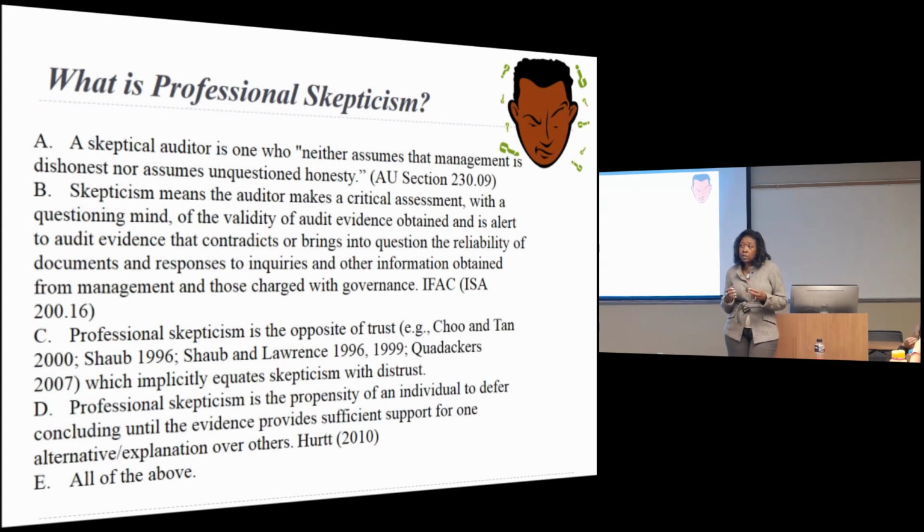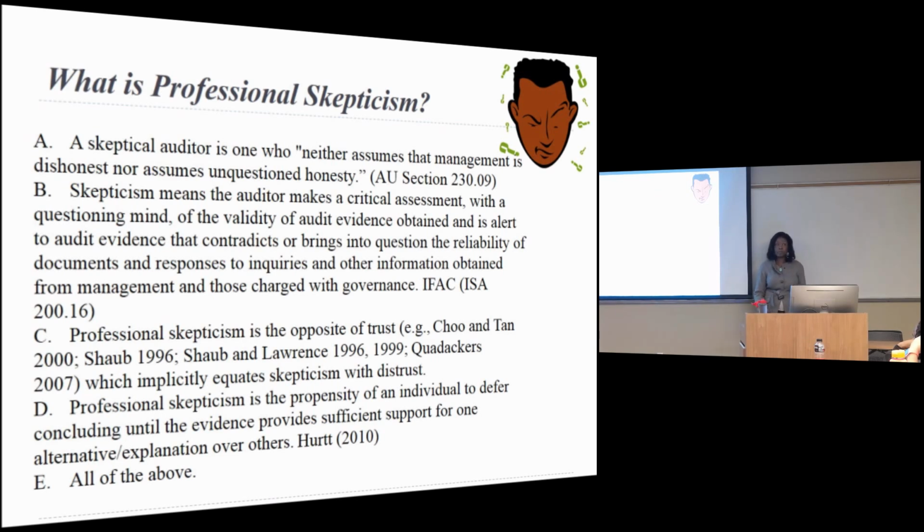So your skepticism can be context specific, but in an audit context you do want to trust but verify, because you don't want to go in and say your client is dishonest if you don't have factors. And let's not forget, auditing is a business. You're trying to retain a client and you want to provide a service to your client.